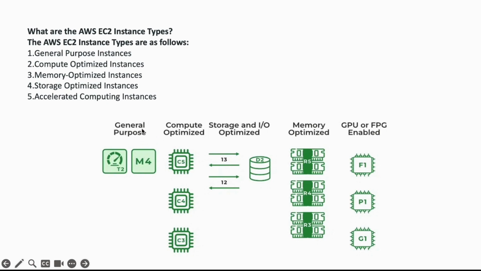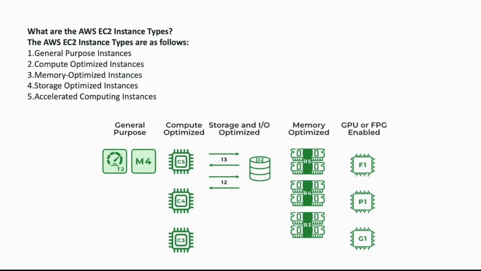A general purpose instance is a virtual machine that is designed to handle a variety of workloads. General purpose instances are optimized to have a balance of CPU cores, on-demand storage, and memory. Some common use cases for general purpose instances include web server hosting and software development and testing. So basically when on-demand storage and memory are required, then we use general purpose EC2 instances.